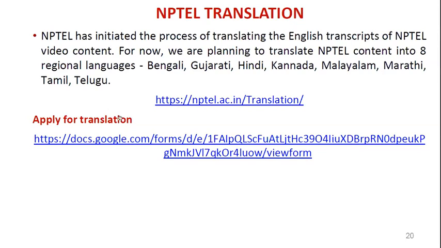This is the link you have to use: nptel.ac.in/translation. In it, apply for translation, this is the Google form link. Before applying, there is one task you have to perform. When you click this Google form link, they give one sample transcript in English, 2 to 3 pages, that you have to translate into your target language.